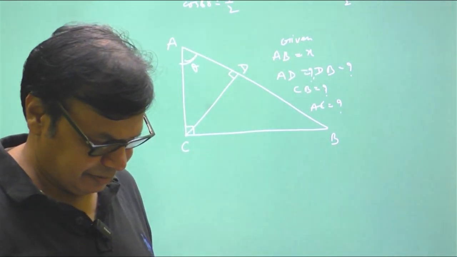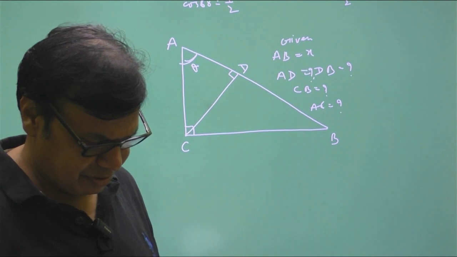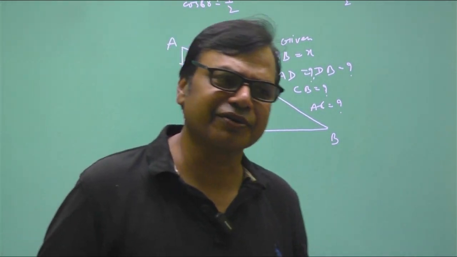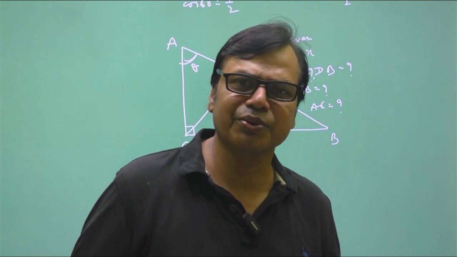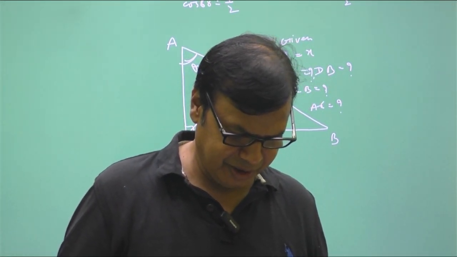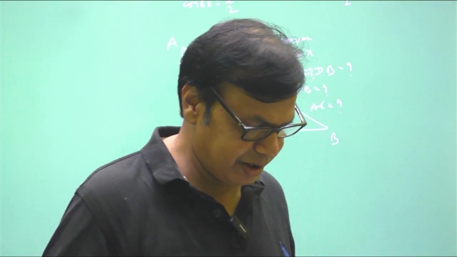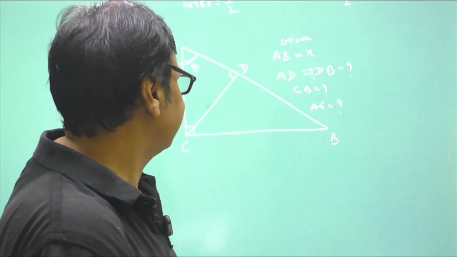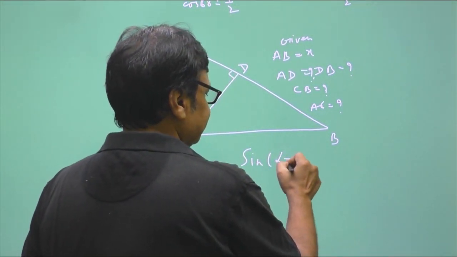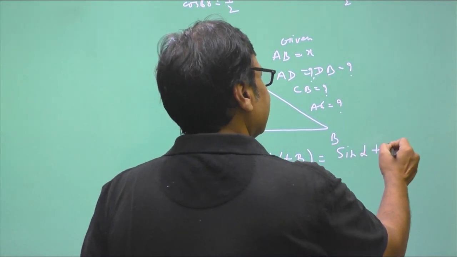And now that you know many things, you need to do one more thing. Somebody wrote to me asking why sine of alpha plus beta is not sine alpha plus sine beta.